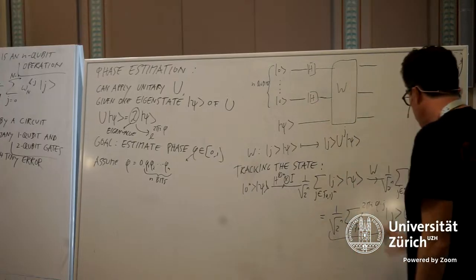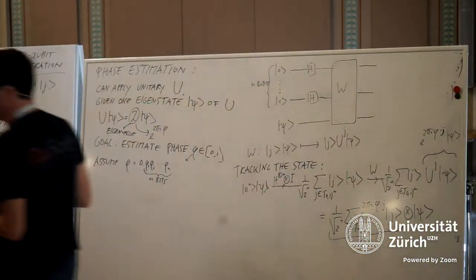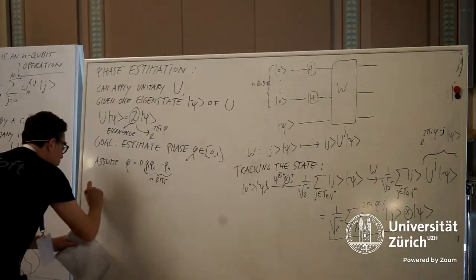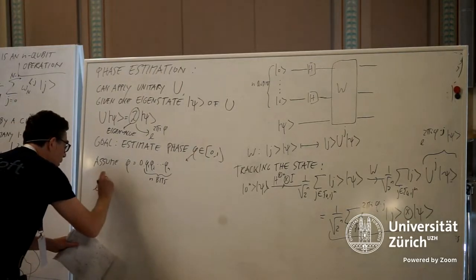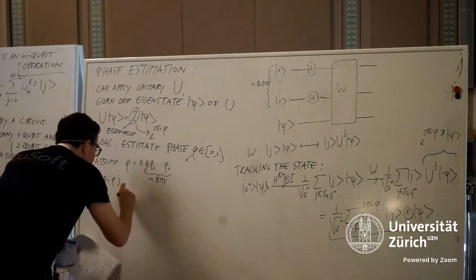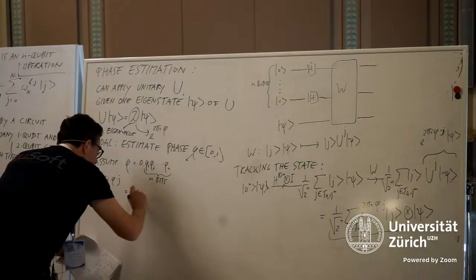So I'm asking you to stare at this for a second and to tell me what this state is. And maybe it helps if I rewrite e to the 2 pi i phi j as, that is a Fourier transform.